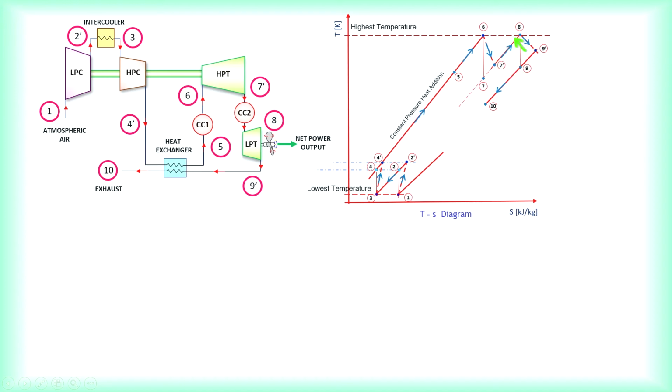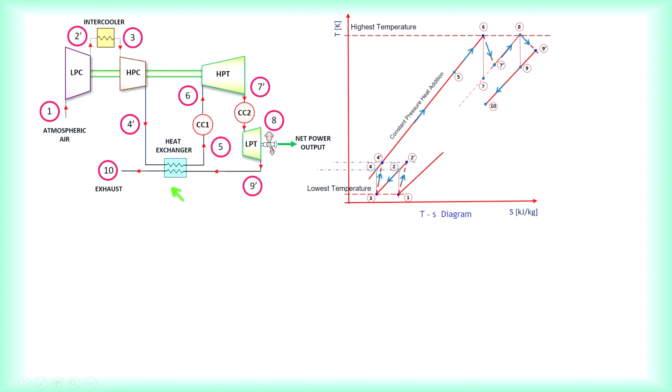After that, it goes into the second combustion chamber, where it is reheated to the same temperature, 923, as stated in the question. Then again, it undergoes expansion for the last time, due to irreversibility, and flows out as state point 10, the hot gases or exhaust.